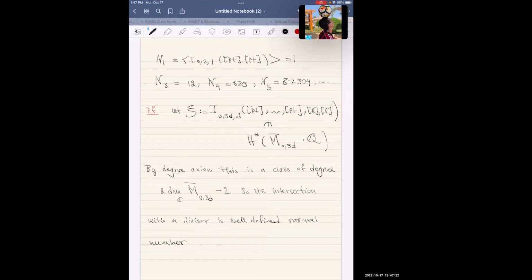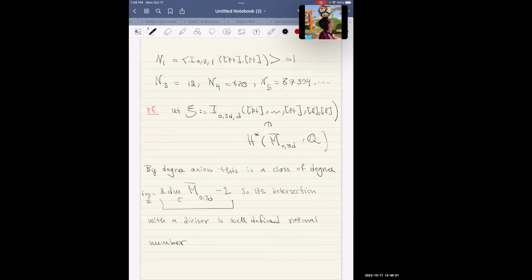Okay, what's happening? You calculate the degree by the degree axiom. Then you realize that the Gromov-Witten class will have this degree. It's working over real dimensions, so this is the degree over reals. If I divide by 2, it's the complex dimension of the moduli space minus 1. So it's a divisor class. So in the moduli space of genus 0 3D curves, I'm picking a divisor in that moduli space.